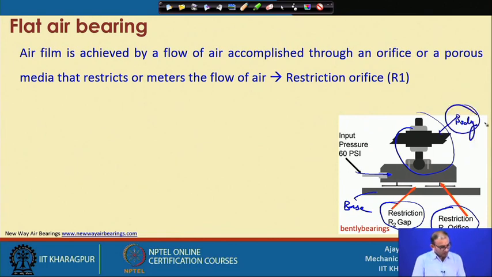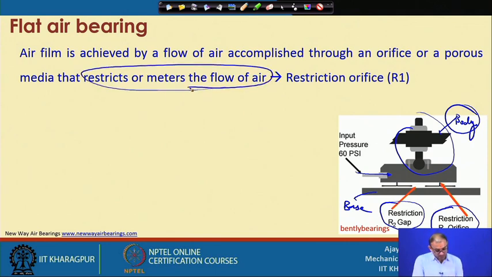Correct. So, now you have to restrict or meter the flow of the air, right, because once you provide, say, 60 pounds per square inch PSI, you do not know first how much load is coming from the top, right. So, that is the force or the load.